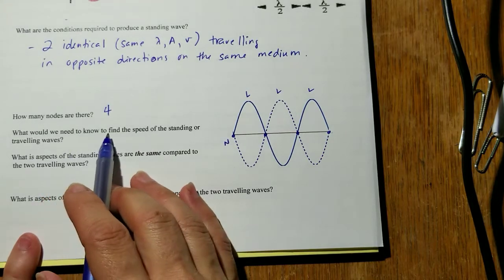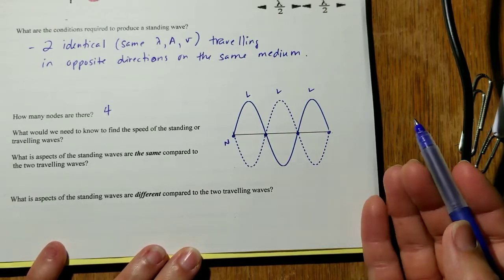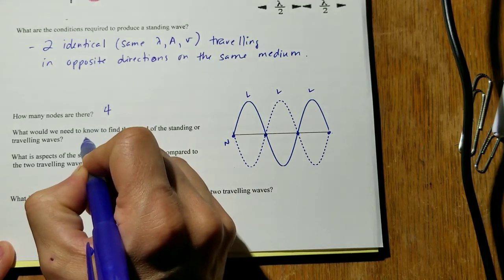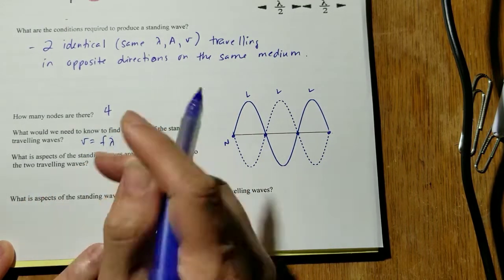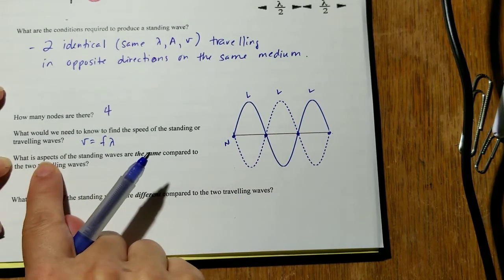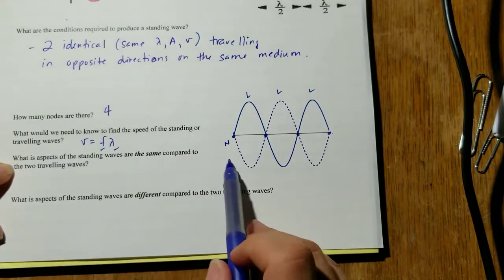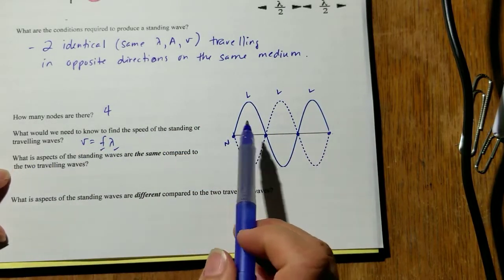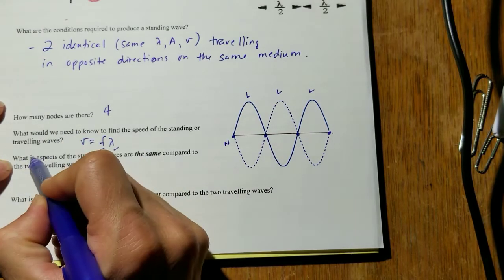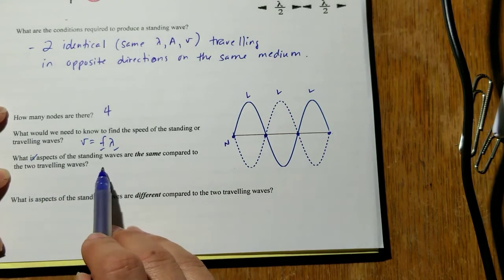What would we need to know to find the speed of the standing wave or even traveling waves? Because we actually know some information about both of them. Well, to know the speed, we need to know the frequency and the wavelength. So we need to know frequency and wavelength, which wavelength we could find from the picture if I gave you some measurements. What aspects of the standing waves are the same compared to the two traveling waves?